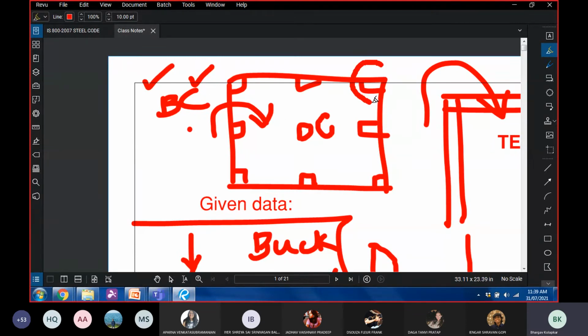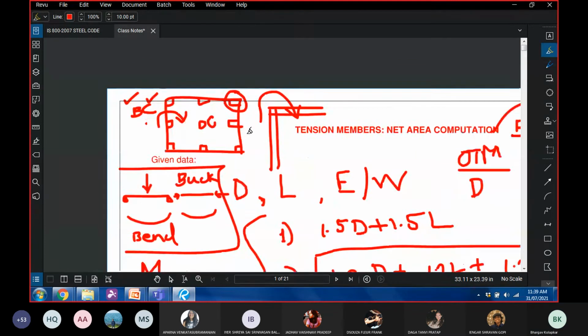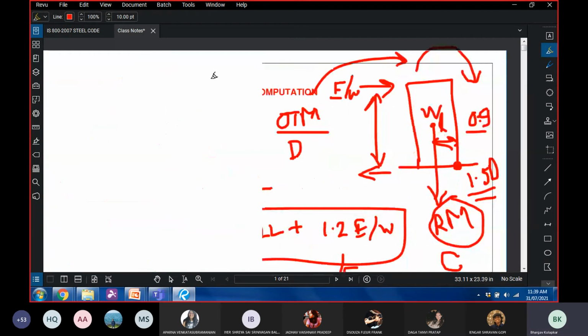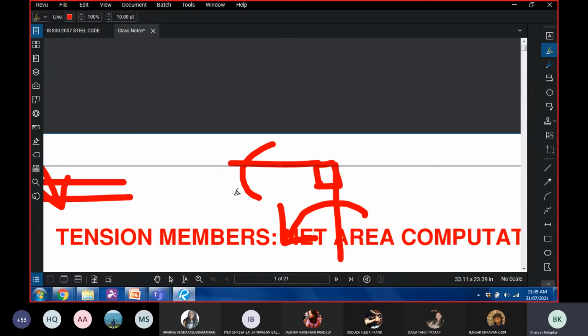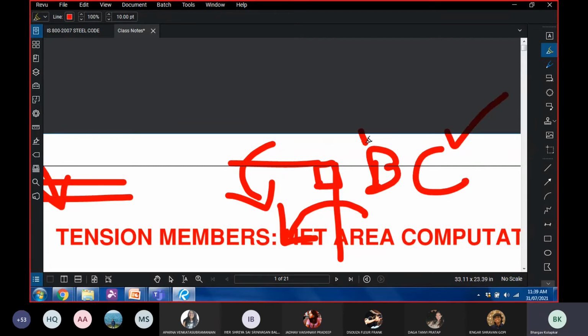Now let us talk about this column here. You have a column here, and there is a slab on this side and a slab on this side. In both the directions, the slab is discontinuous. Therefore, the slab is trying to bend this column like this, and it is trying to bend the column like this. So this is again a beam column, because there's a significant amount of axial force and a significant amount of bending.